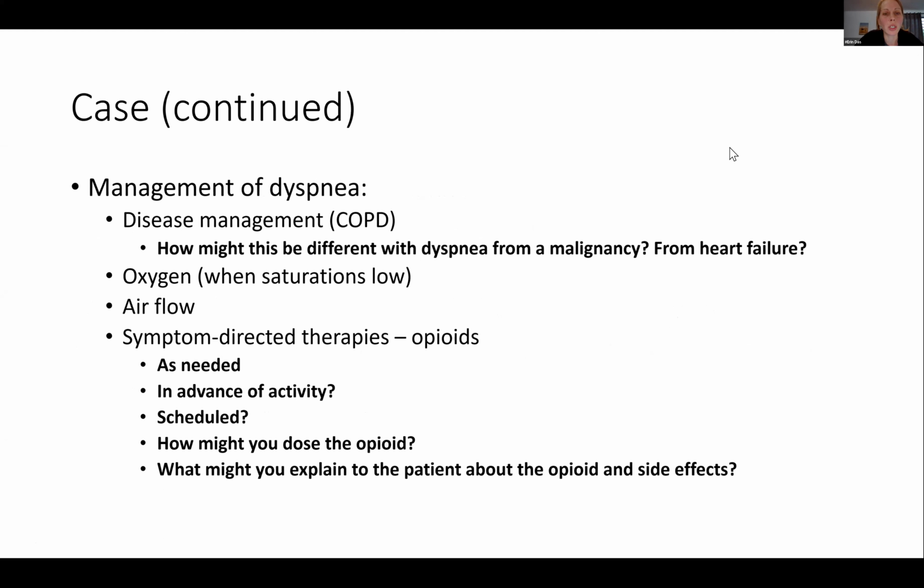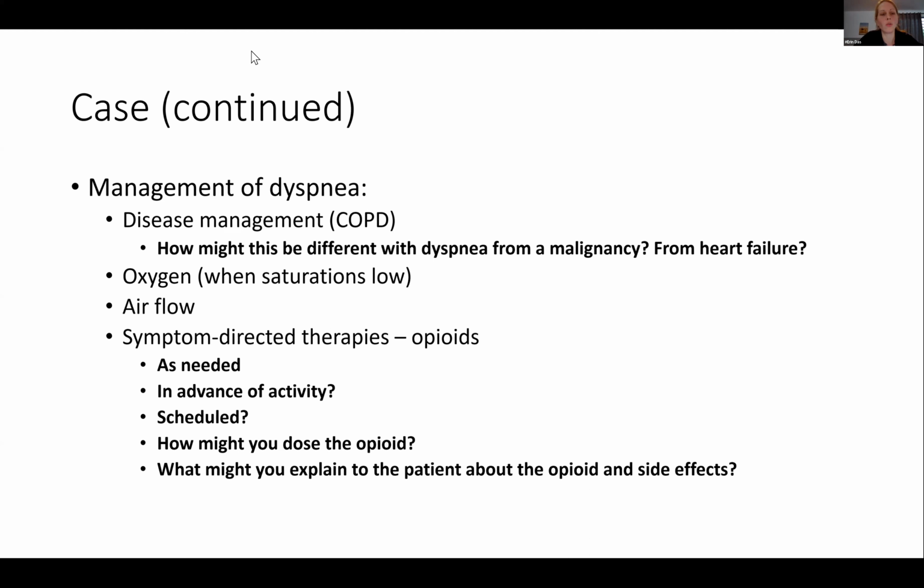The way that we treat shortness of breath, is it different for someone who has malignancy or an advanced cancer, or for someone who has heart failure? We can offer oxygen, the airflow using a fan or a hand fan. And then we did talk about this earlier when Dr. Maha was presenting of symptom-directed therapies, including opioids.